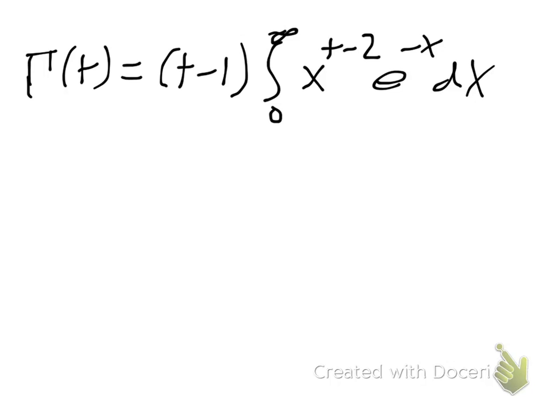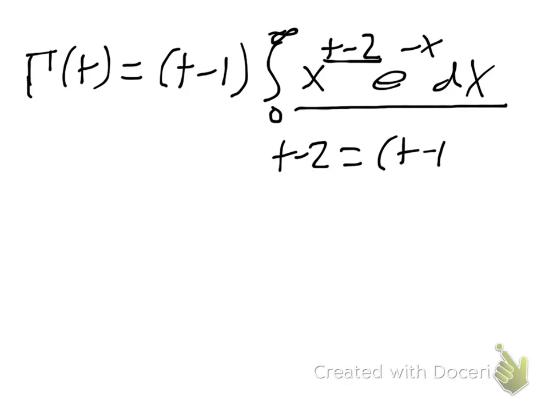Now, what do you notice about this right here? This is very similar to our definition of the gamma function, except this term is different. But note that t-2 is just equal to t-1 minus 1.